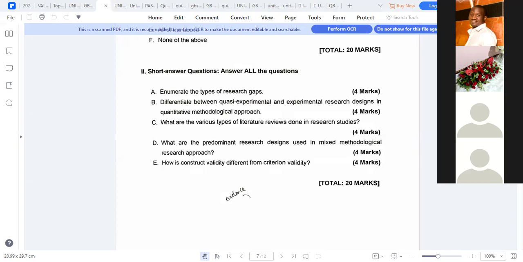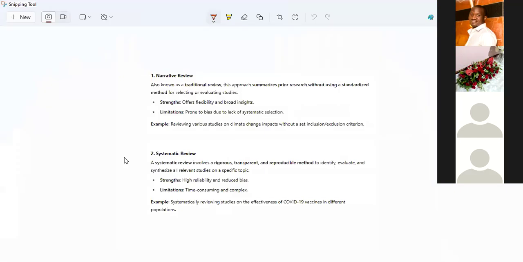Narrative is a traditional one. So its approach mainly is to summarize prior research without using standardized methods for selecting or evaluating studies. It's more flexible and has broad insights. The limitation is that it's prone to bias because you lack a systematic direction.